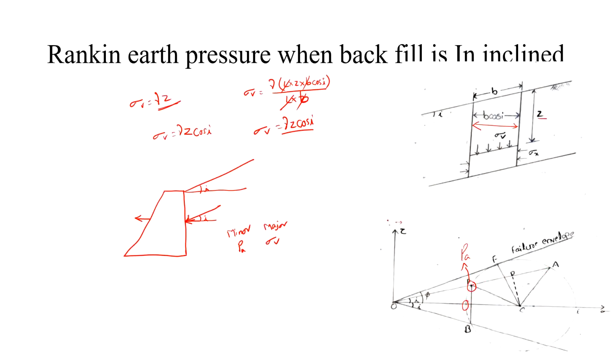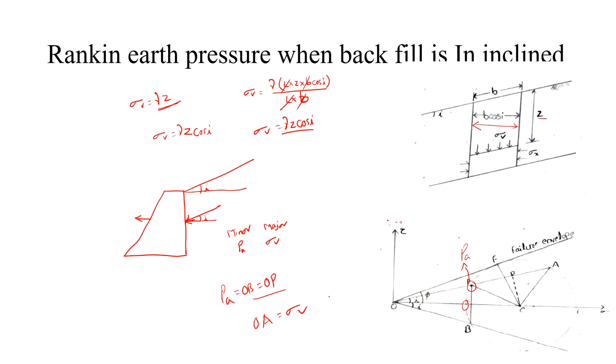So here we consider the OP distance as the active pressure, and OB is also equal to OP. So we can write active pressure is equal to OB is equal to OP. Here OB as well as OP distances from the origin, this is the origin, are the same. And here OA is the vertical stress.